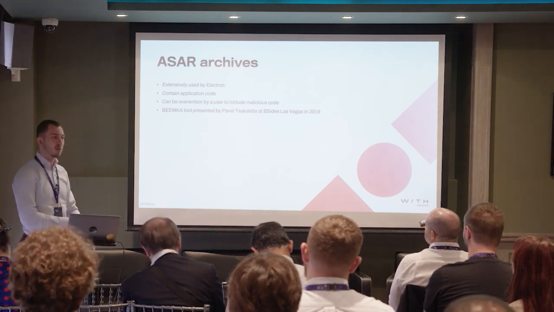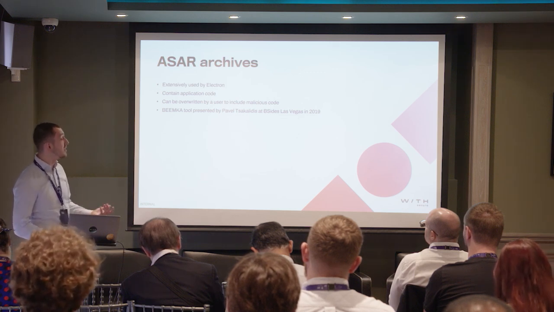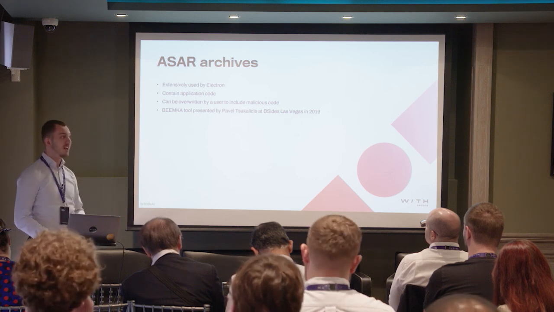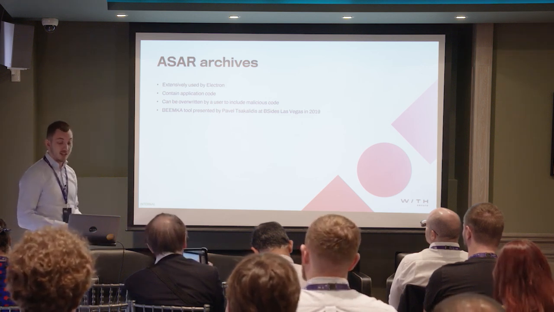As far as I know, there have been only some experimental features with integrity checking. These contain application code, so they can be overwritten, and they would basically be running as the application itself. The malicious code will be running in the application itself. There is also a public tool doing that, and we also have our own internal one.